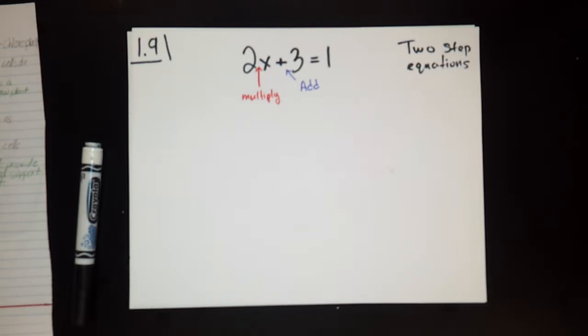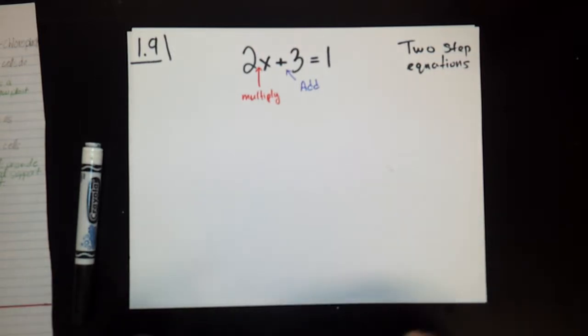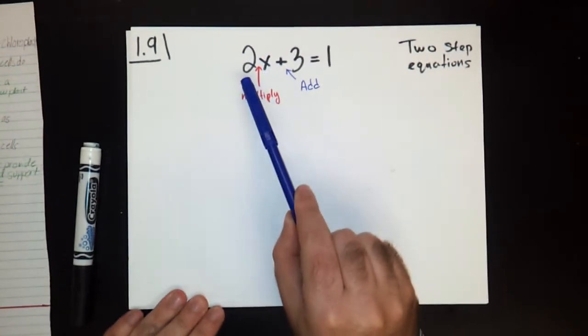Technically, you can tackle either. And you would eventually get the same right answer. But there is an easier route to take. And the easier route to take is to tackle whichever operation is physically further away from the variable. Think of it as peeling an onion, and you want to get the outer layer first before you get to the inner layer. So here, if we're looking at the variable, the x, the 2 is pretty close.